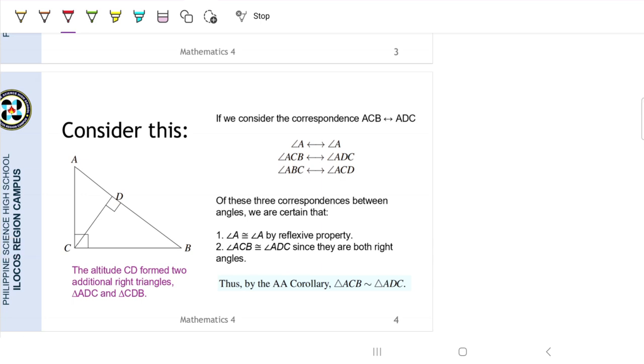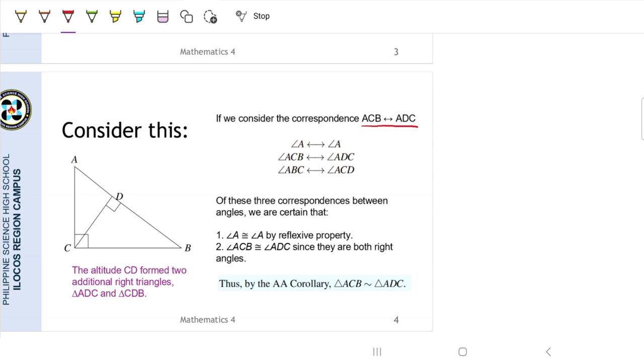Now, if we consider this correspondence, ACB corresponds to ADC, then the angle pairs are corresponding. So angle A corresponds to angle A, angle ACB corresponds to angle ADC, and angle ABC corresponds to angle ACD.